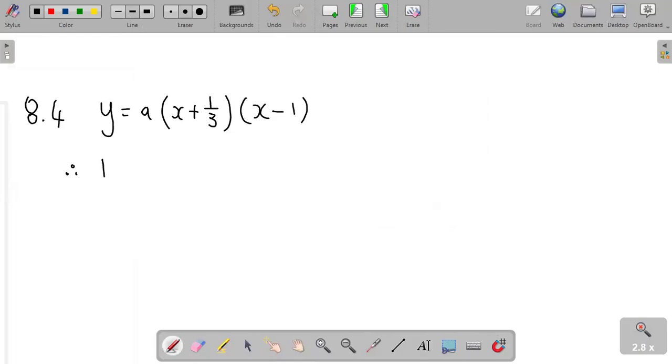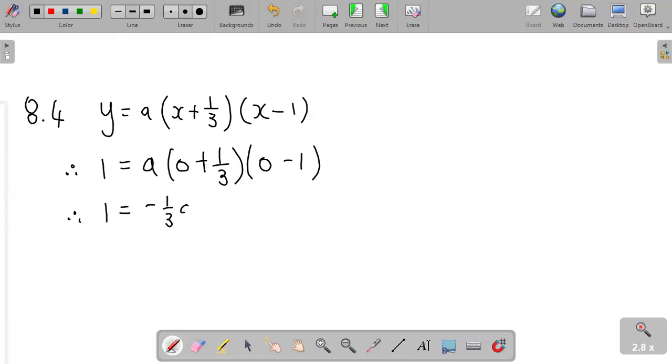So then we have 1 equals a times (0 plus 1) over 3, times (0 minus 1). So it means therefore 1 equals negative 1 over 3 a.